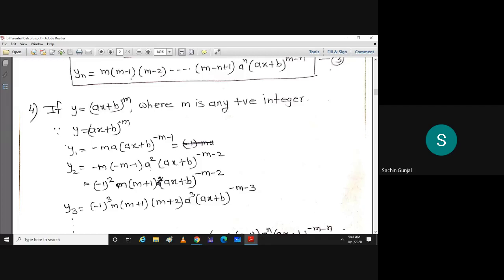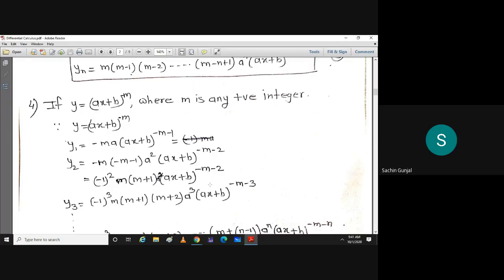So that will become a square. Now I will take the minus sign out of this bracket, so this minus sign and this minus sign will become minus 1 square into m into m plus 1 into a square into ax plus b raised to minus m minus 2.